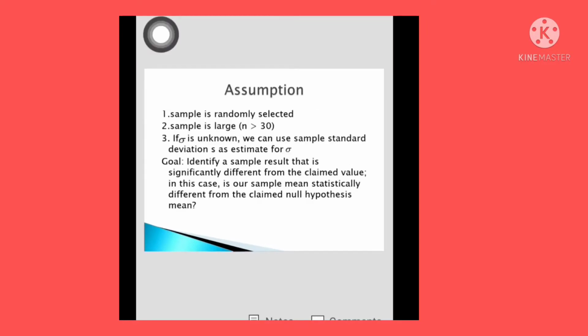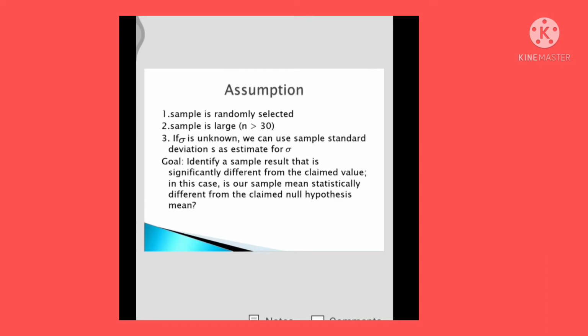Some assumptions for the test for significance of large samples: the first one, the sample should be randomly selected; the second one, the sample is large, meaning the sample size must be more than 30; and the third one, if the standard deviation is unknown, we can use the sample standard deviation as an estimate for sigma.